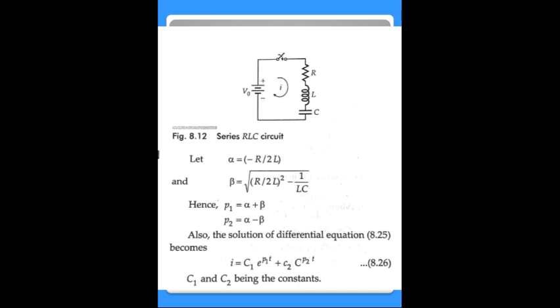Also, the solution of the differential equation becomes I is equal to C1 e^(P1 t) plus C2 e^(P2 t), where C1 and C2 are constants.